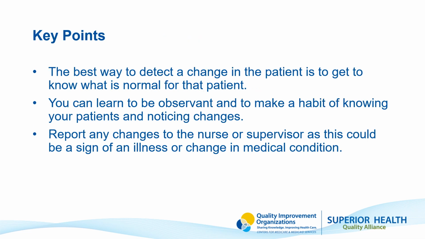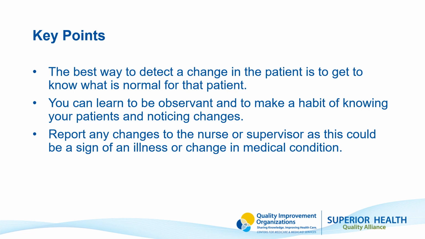The ability to detect change in a patient's condition is important because it can prevent illness from getting worse. As a frontline worker, you know the patient best. Detecting the change depends on everyone being alerted to changes, ready to share their observations and respond to the changes.